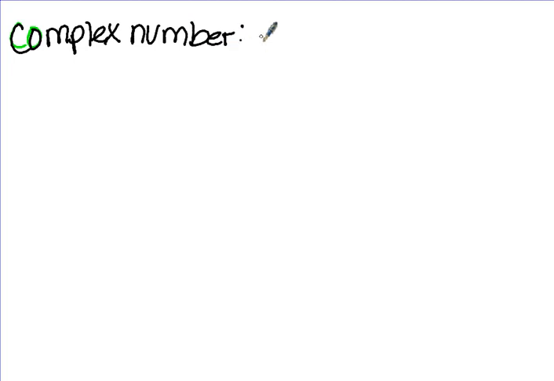First of all, a complex number. We know that a complex number is a number that has a real part and an imaginary part.